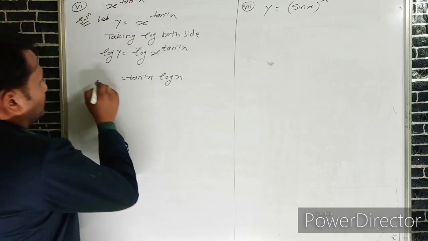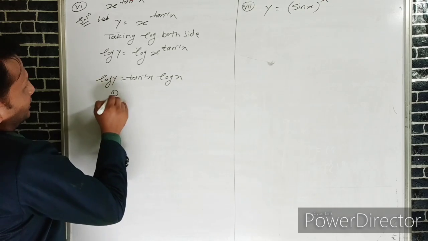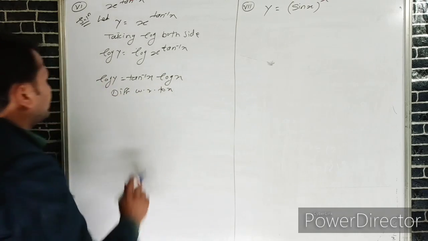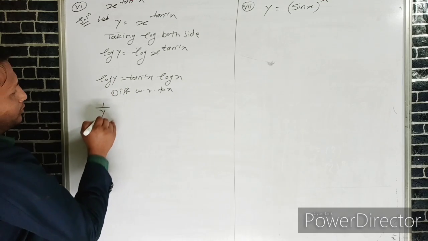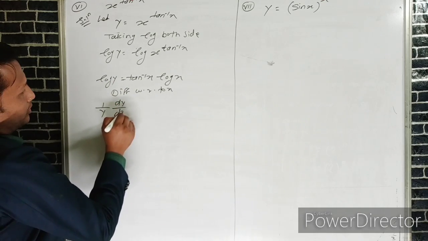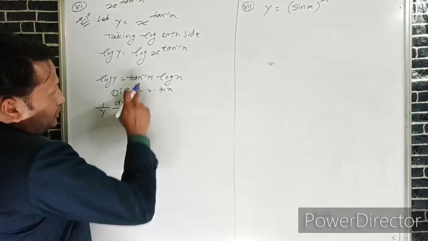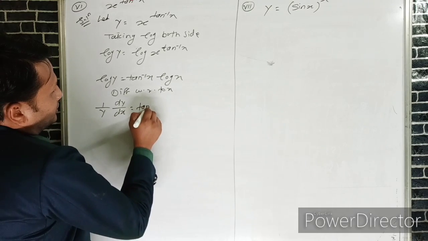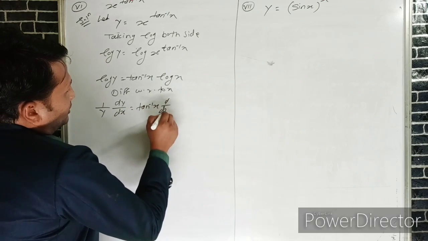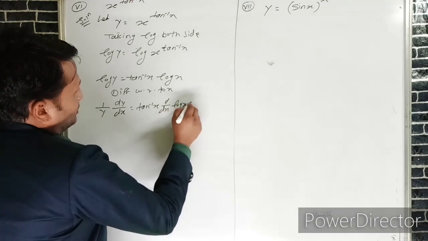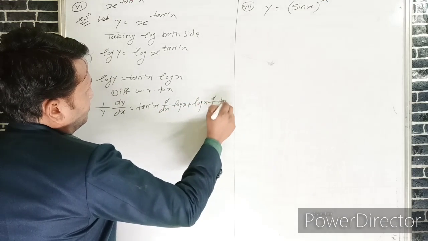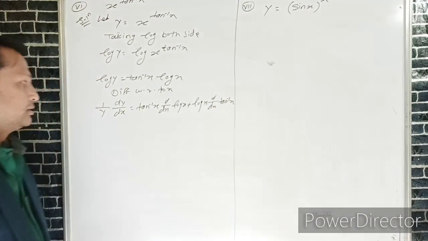into log of x. Now if we differentiate the given function with respect to x, then we can write the derivative of log y is 1 upon y dy upon dx. Here we apply the u into v rule, then we can write tan inverse x into the derivative of log x plus log x into the derivative of tan inverse x.